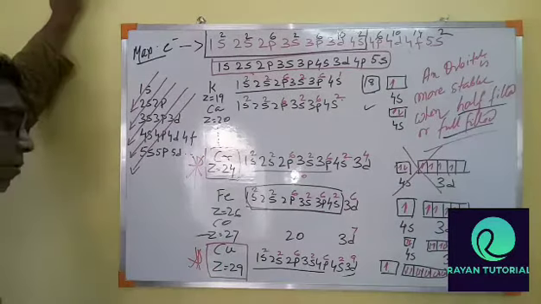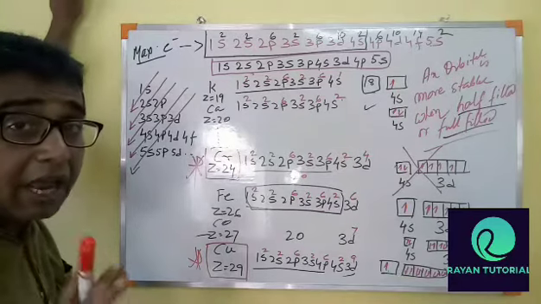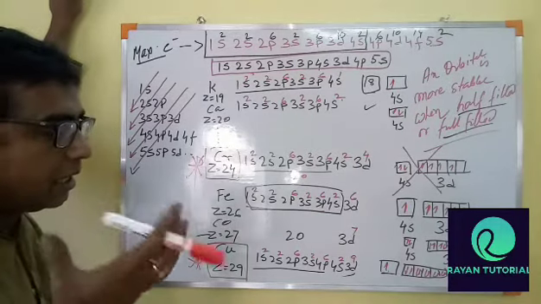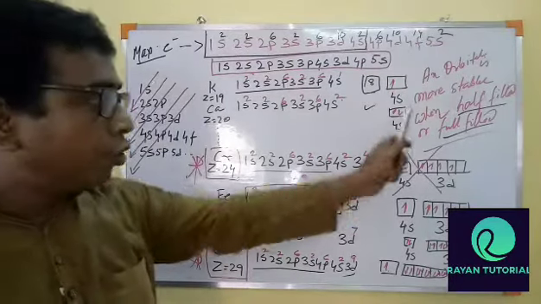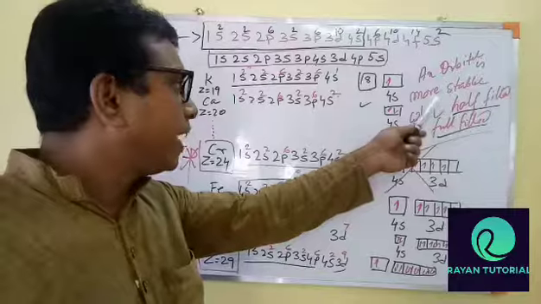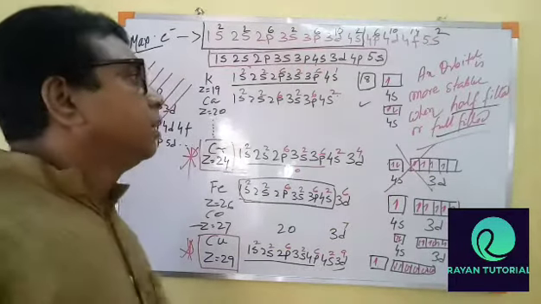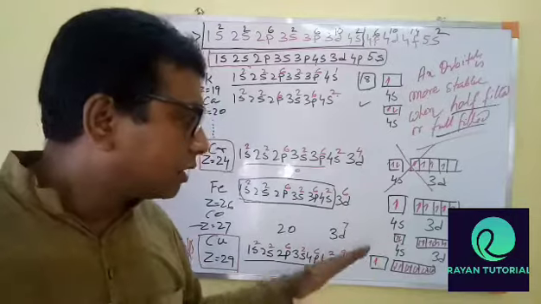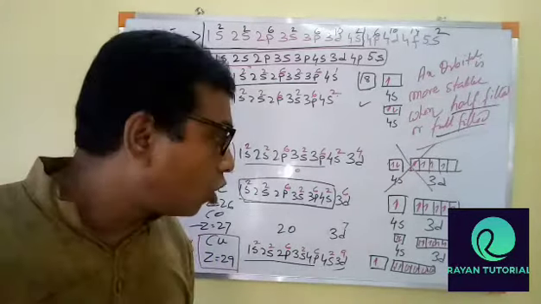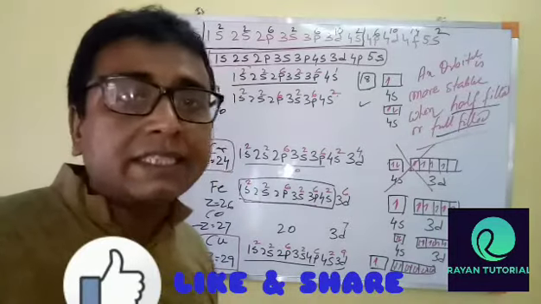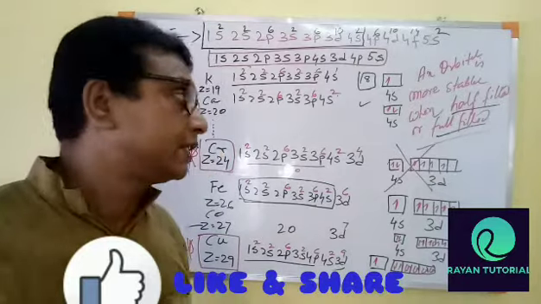So for chromium and copper, the electronic configuration will be a bit different, just to maintain this stability of the orbitals. So first you have to look out that if by shifting one electron the orbitals are getting either half filled or full filled, you should always do that.